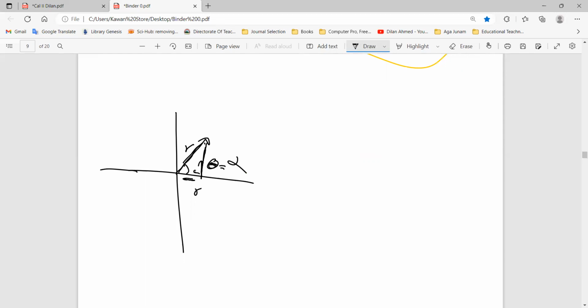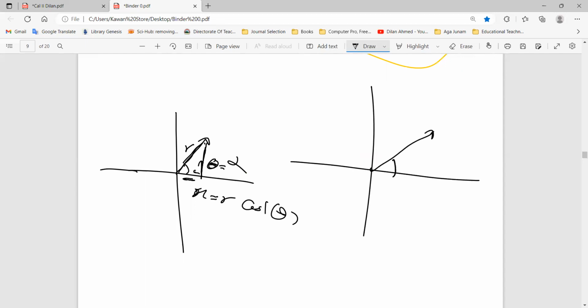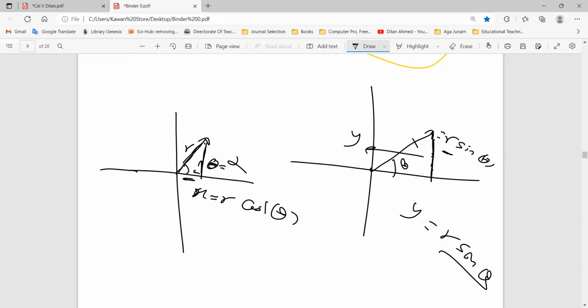So I say x equal to r cosine theta. And if I want to analyze that part, because that one is the angle, the opposite is sine. So I have r sine theta, and that is the y part. So I say y equal to r sine theta. Understood?